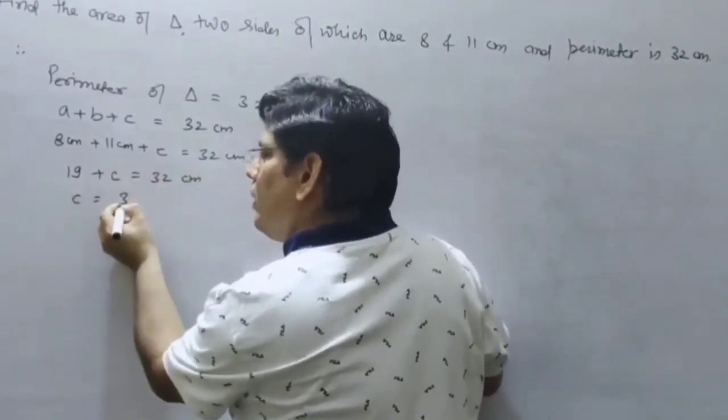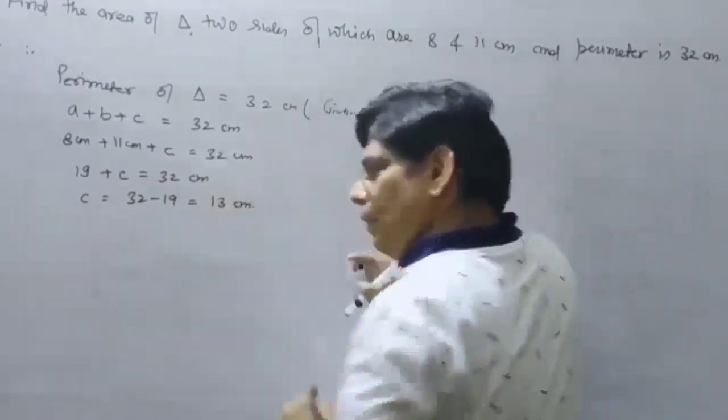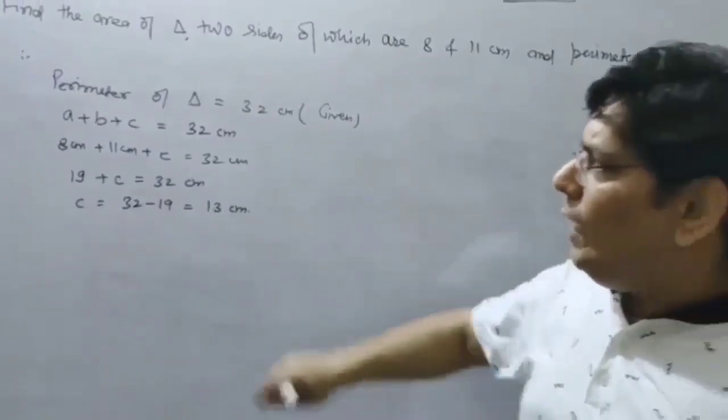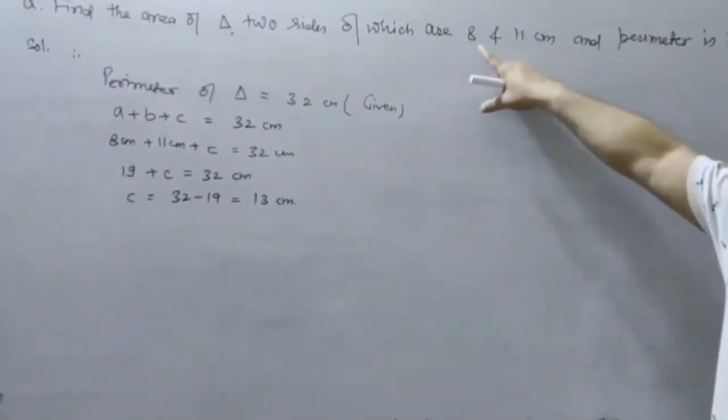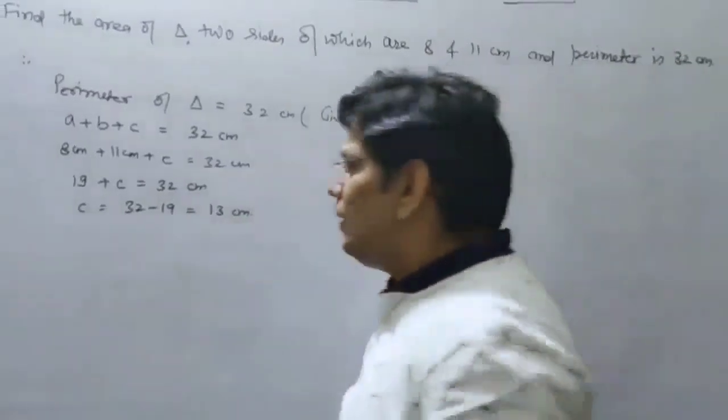C we should calculate 32 minus 19, that is 13 centimeter. So what's the meaning of that? A triangle where two sides are 8, 11 and the third side is 13.